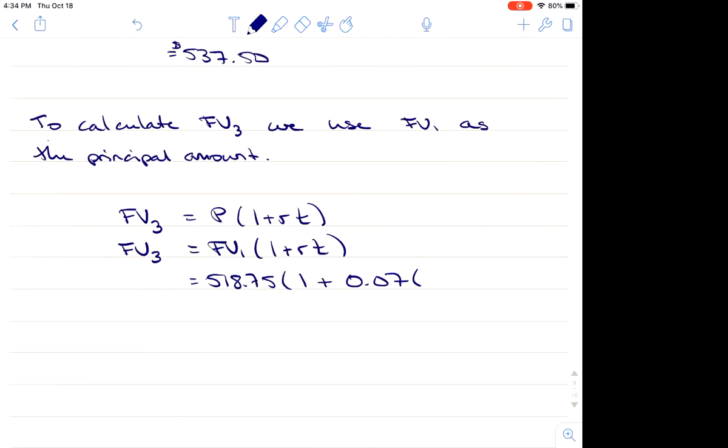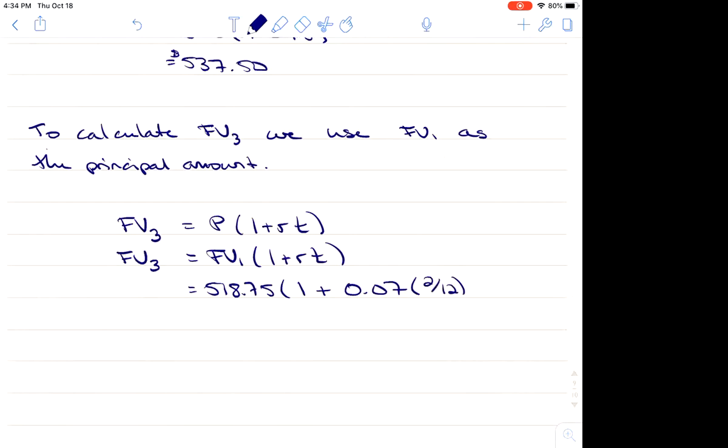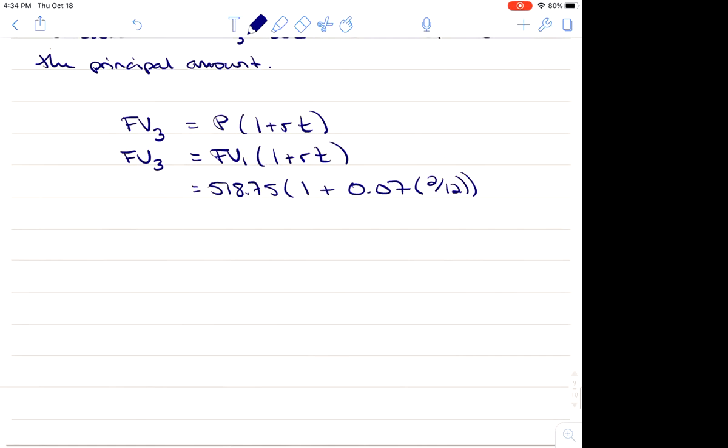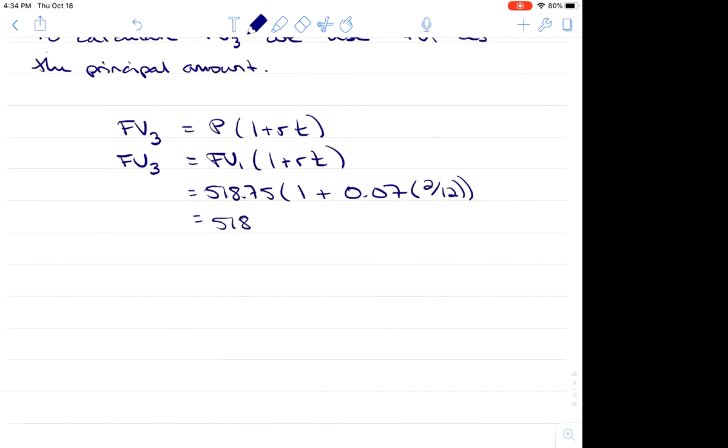So 2 divided by 12 times 0.07 plus 1, I get 518.75 times 1.01166 repeating, which is 524.80.